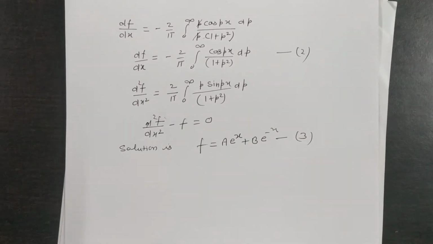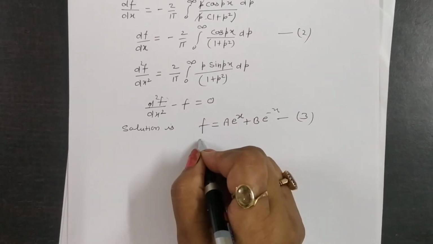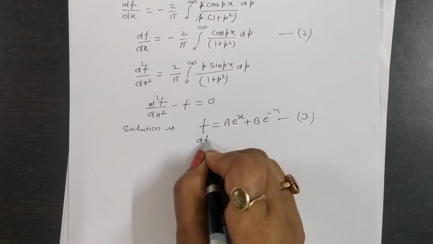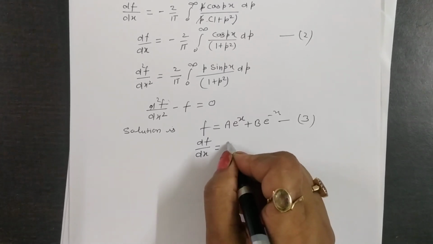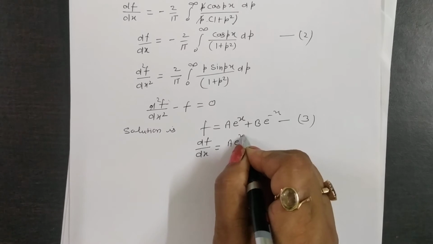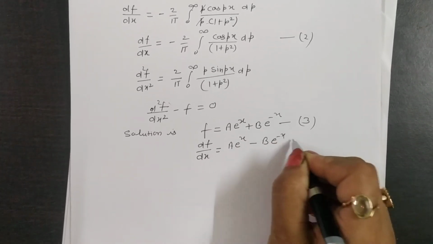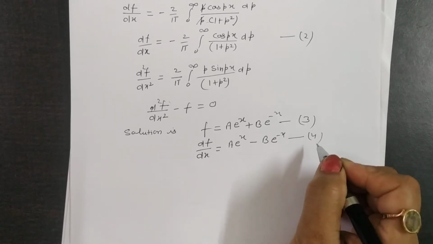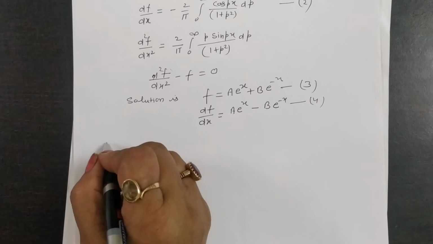Okay students, now differentiating again, df by dx becomes a e to the power x minus b e to the power minus x. Let us call this equation number 4.